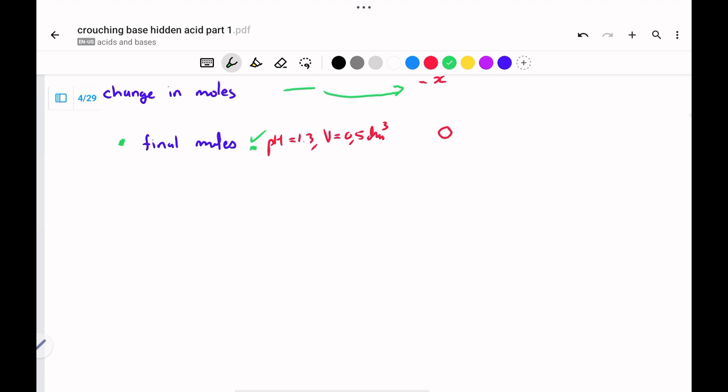This is going to be an involved process. There's a few steps. Okay. So we start with the pH.